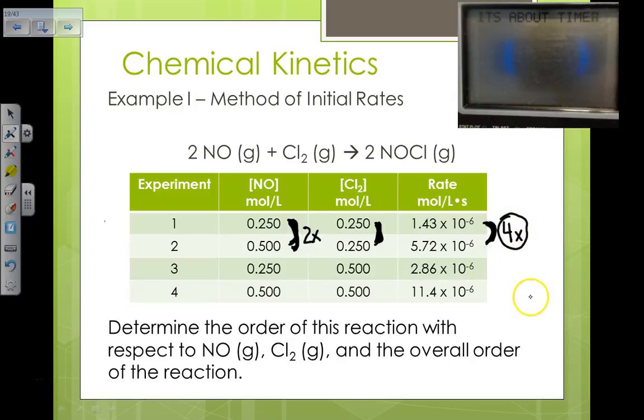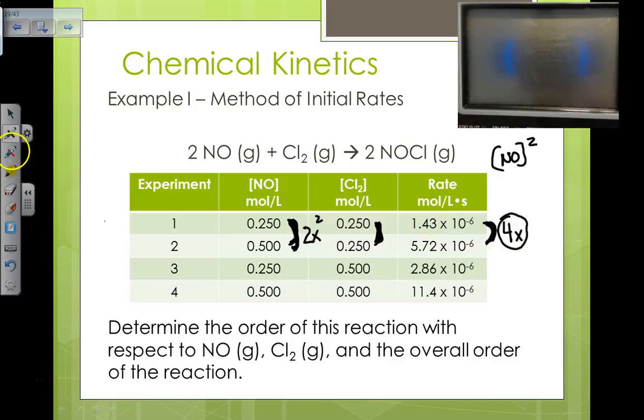That's the relationship here. So that means that is a second order reaction. So what we know is that NO is second order. The concentration of NO is to the second power because 2 squared is 4.